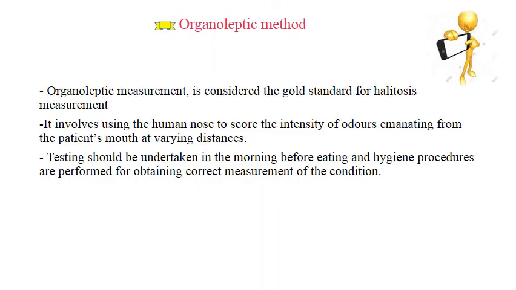Organoleptic method. This measurement is considered the gold standard for halitosis measurement. It involves using the human nose to score the intensity of odors emanating from the patient's mouth at varying distances. Testing should be undertaken in the morning before eating and hygiene procedures for obtaining correct measurement of the condition.